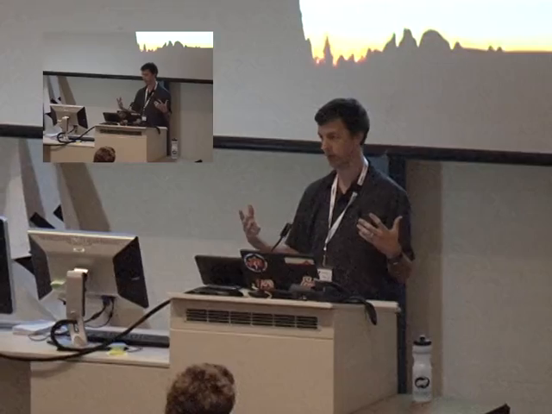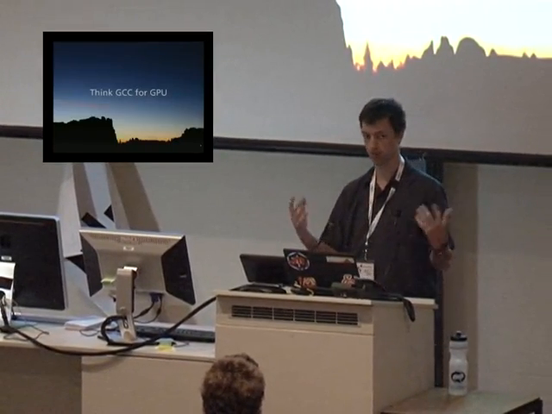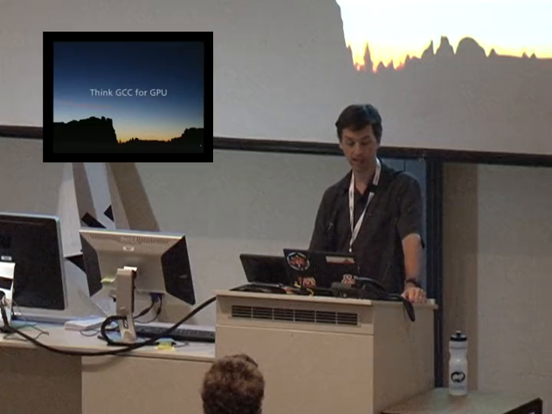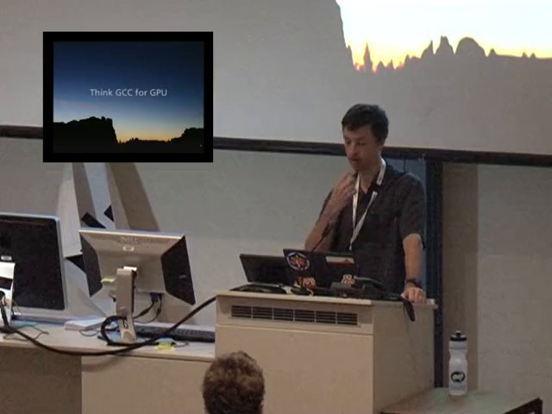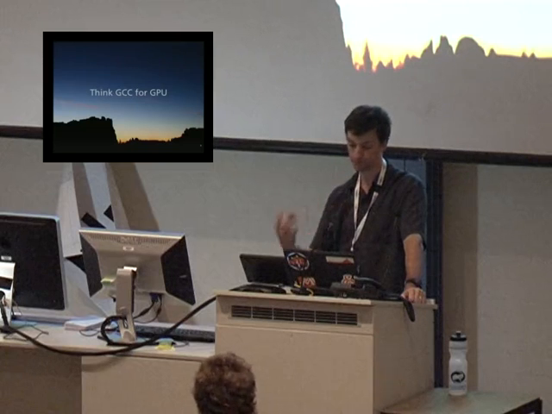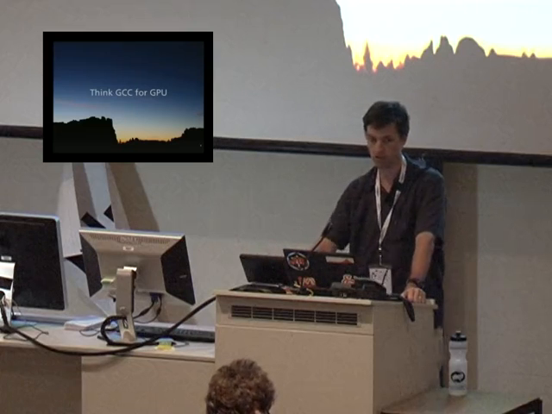So it's almost like what it means to write a graphics driver today, to write an implementation of OpenGL, is a project I like to think of as similar in scope to writing GCC for the CPU. We have to take this high-level programming language, GLSL, compile it, turn it into instructions for this GPU, and then ship them off.